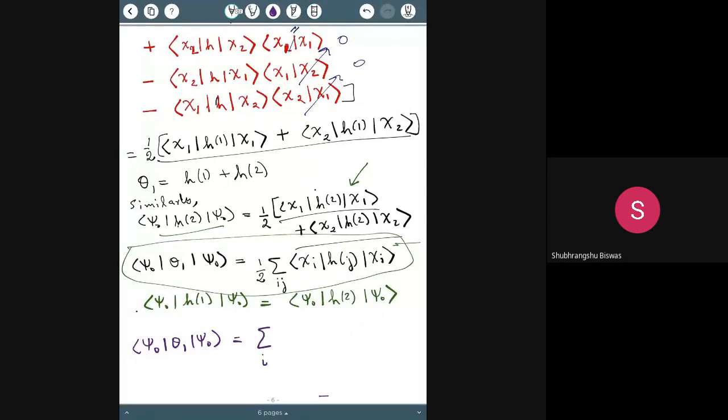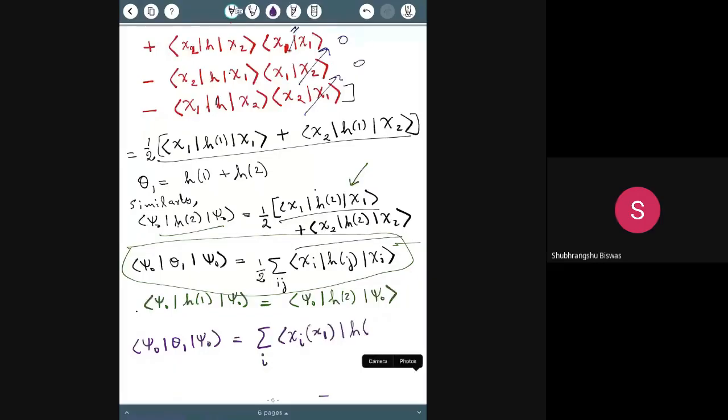This is the sum over i of chi i, h. I will also write the coordinates of this. So this is x1 and this is h of, let's say, R1, and then you have chi i of x1.